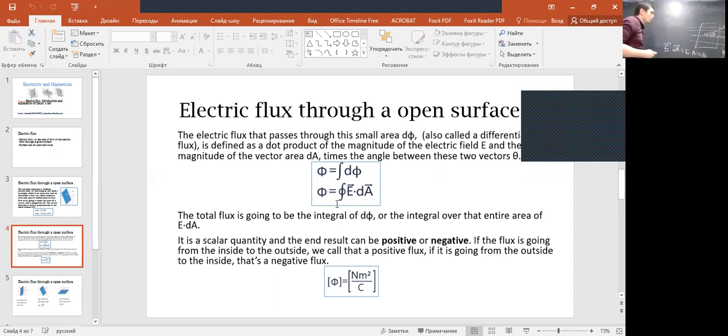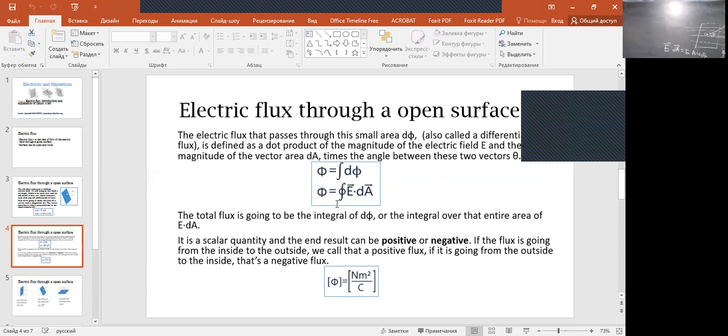And the unit of flux is what? So this one is the electric field, right? So the unit of the electric field is what? Okay, so this A is area, so the unit of the area is meter squared.